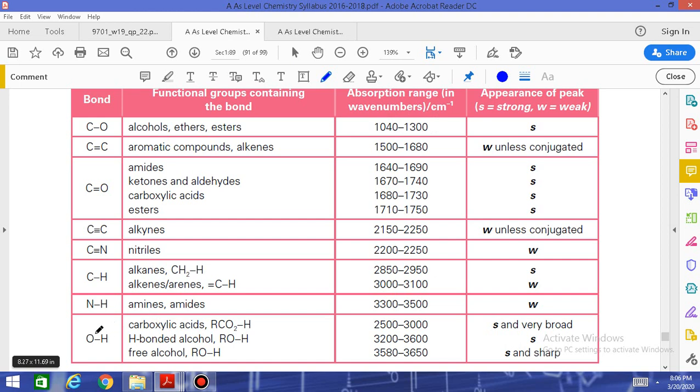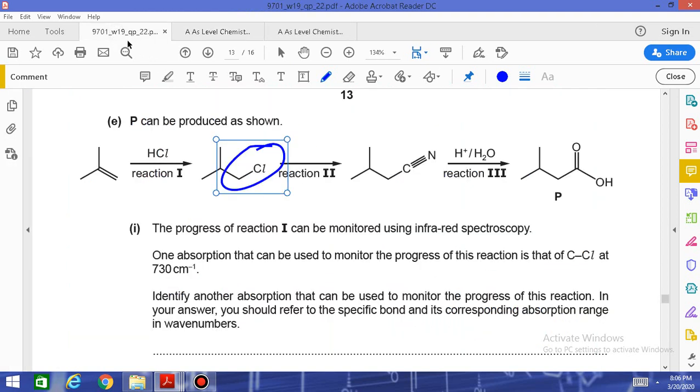Remember, the hydroxyl group in carboxylic acid or alcohol has a broad peak. Only the OH or hydroxyl group in carboxylic acid and alcohol has a broad peak. Okay, let's see again. Another absorption that can be used to monitor the progress of this reaction, see this one.